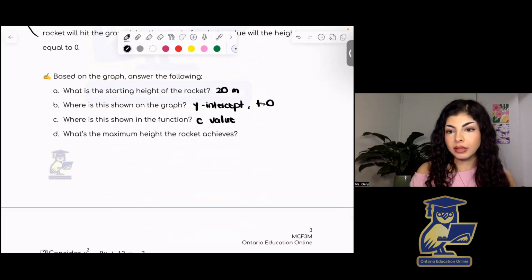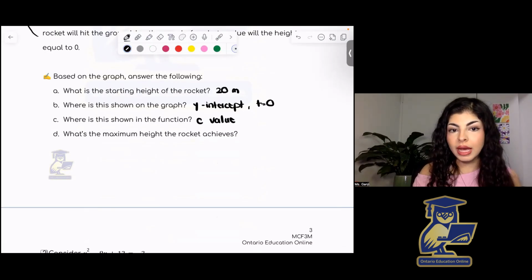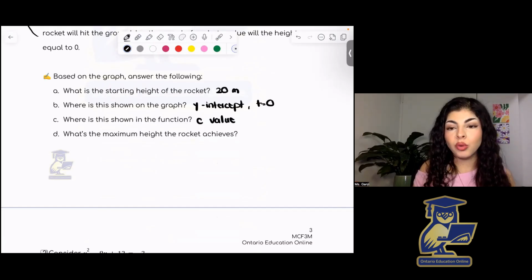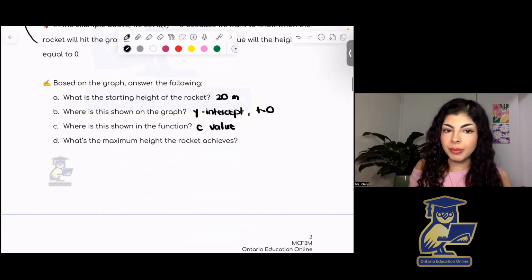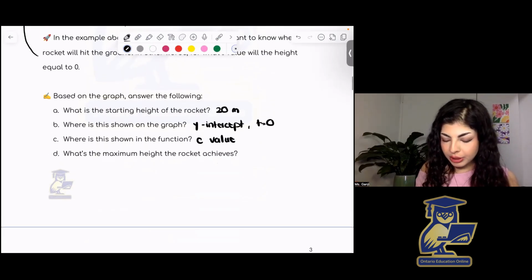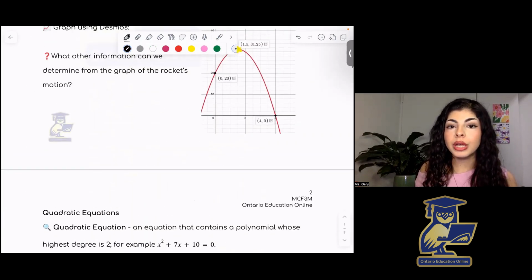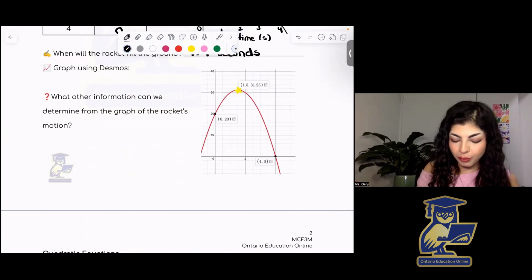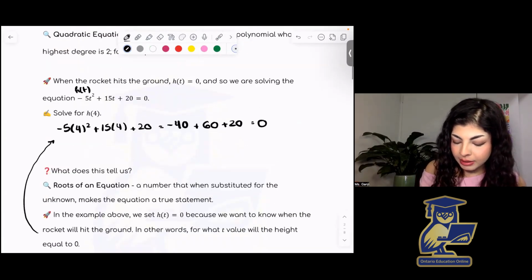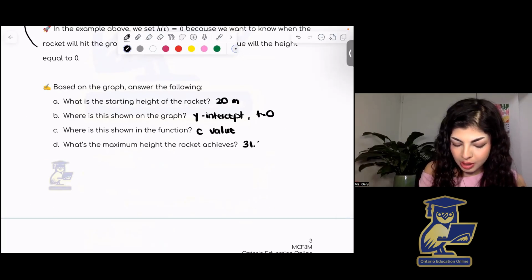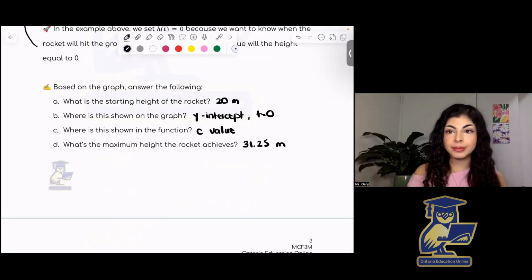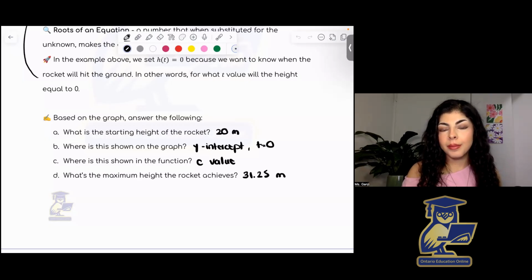If you set x to be 0 to find the y-intercept, your y-intercept will be c, because that's the only term that will be left. And what's the maximum height the rocket reaches or achieves? The graph above here showed us it was 31.25. And please don't forget your units when you're writing these. So 31.25 meters.